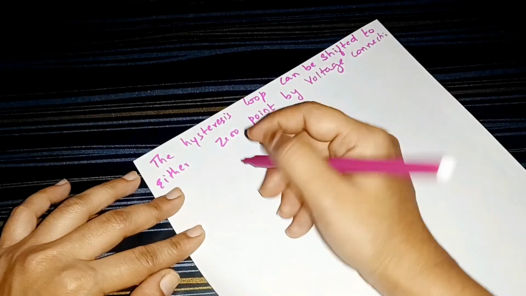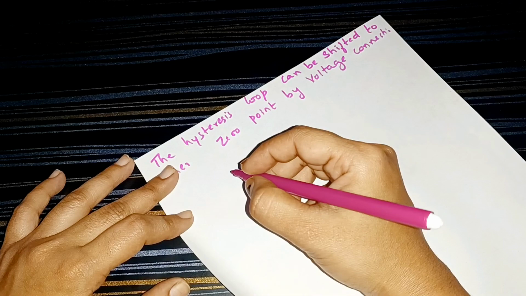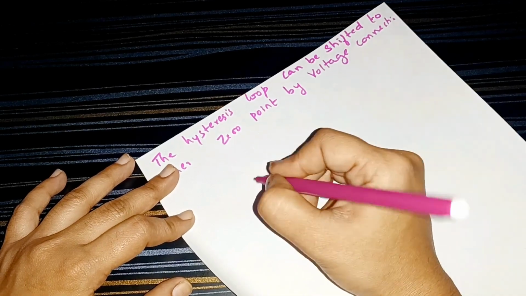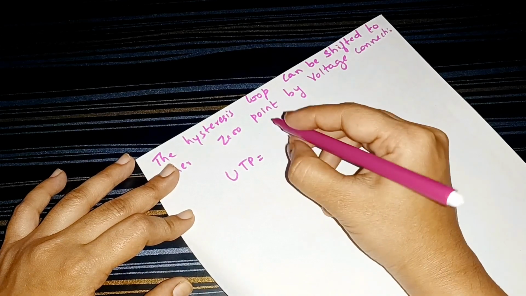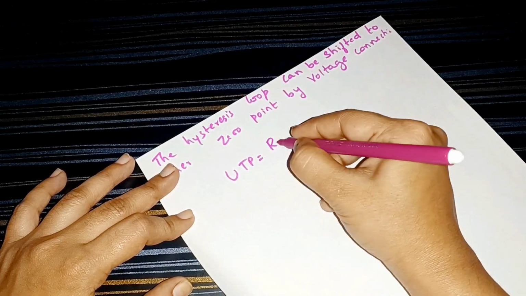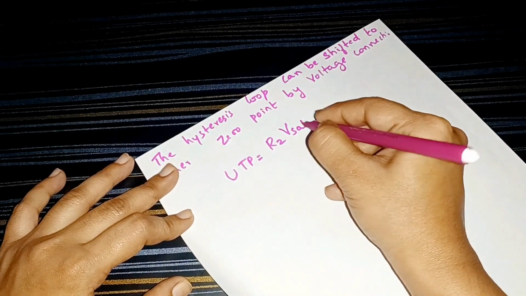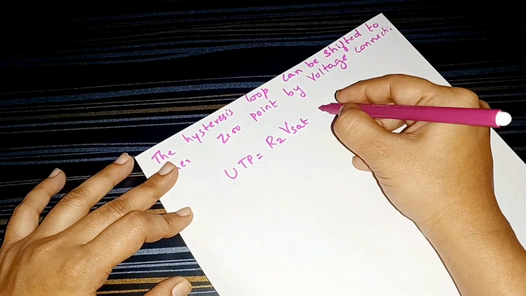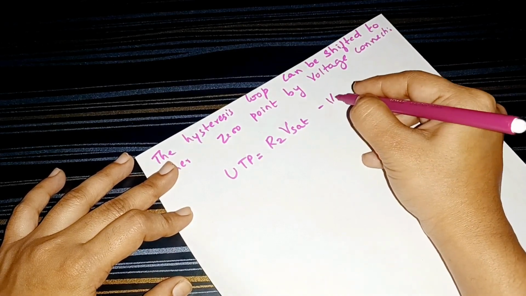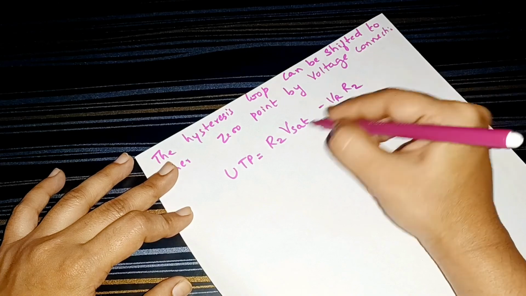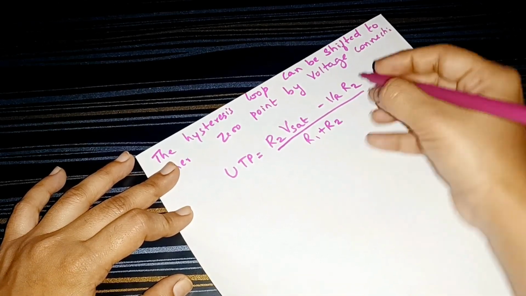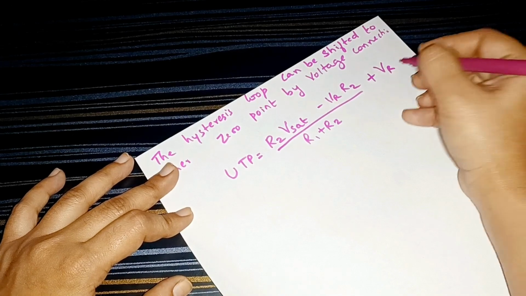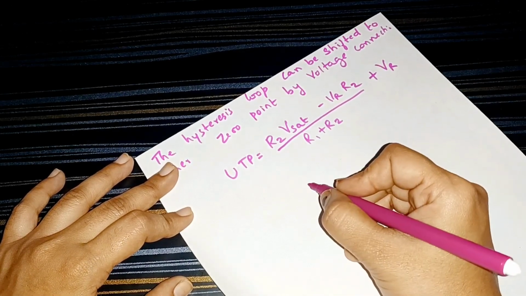So we get UTP equals R2 into Vsat minus voltage reference into R2, whole divided by R1 plus R2, plus voltage reference.